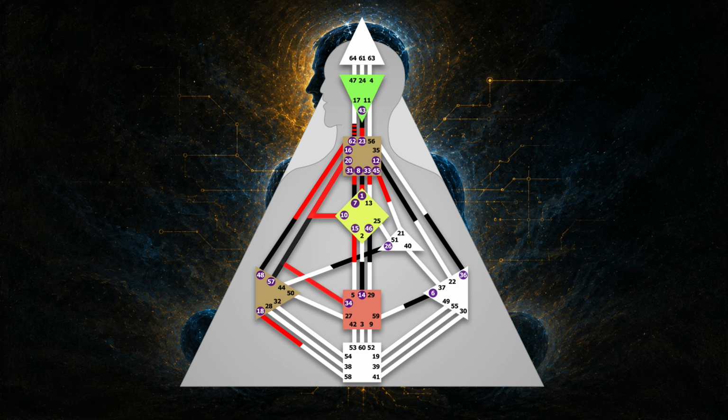The integration wiring holds. It keeps the self intact. Add the knowing circuit channels, the brainwave, inspiration, and structuring, and you get the mechanism for expressing that individuality outward.